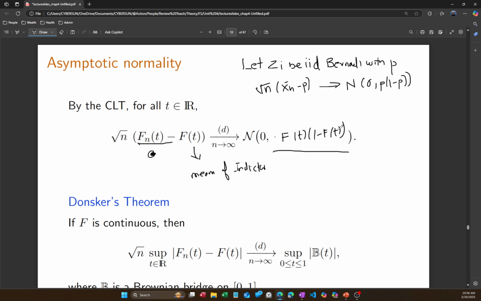Therefore, using the CLT, we have a Gaussian distribution with mean 0 and variance F(t)(1 minus F(t)).